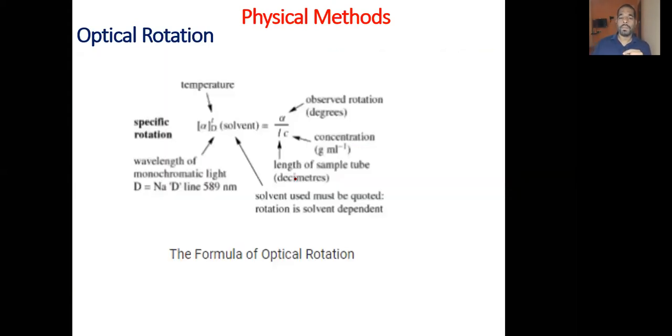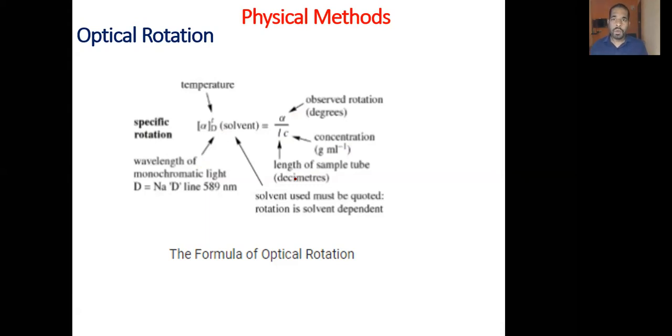Now, this is the formula for optical rotation given on your screen. A solvent must be quoted when you are determining the optical rotation.